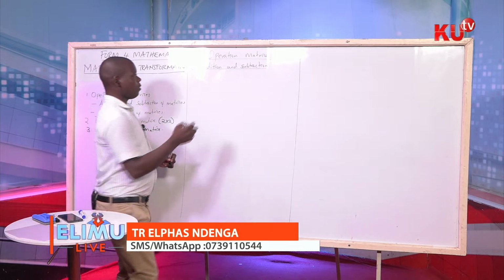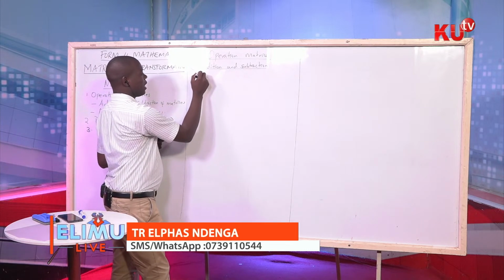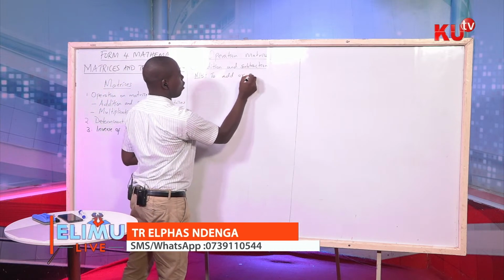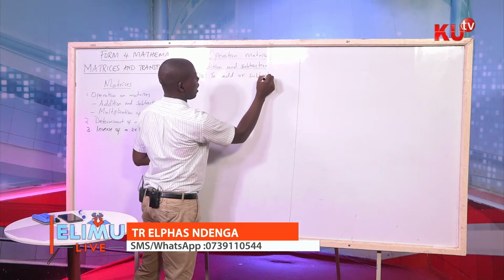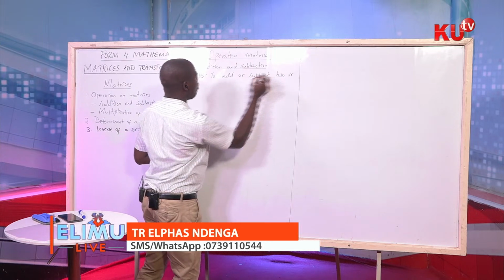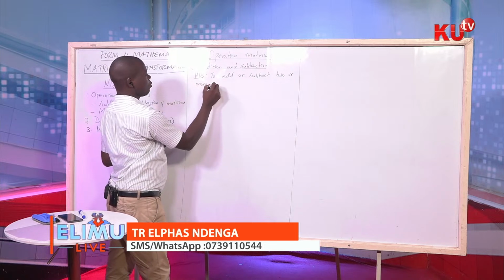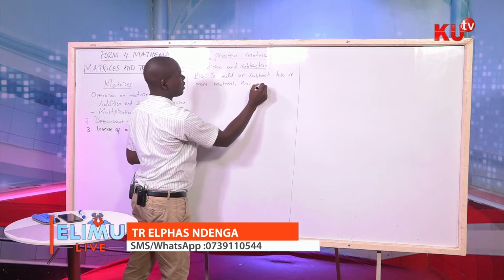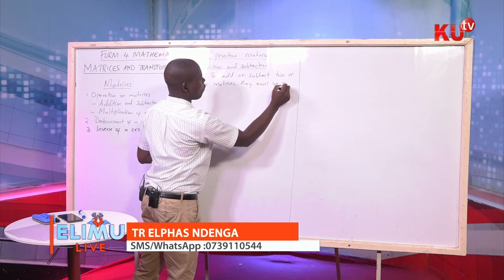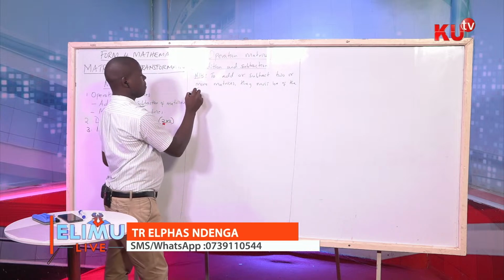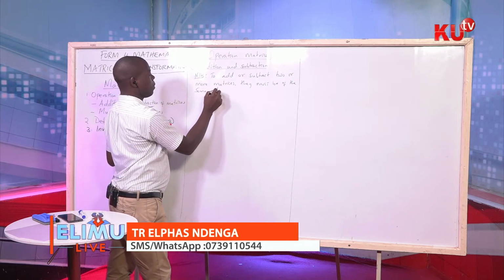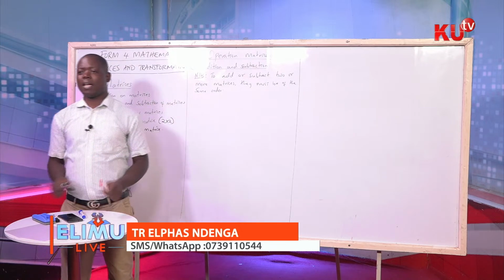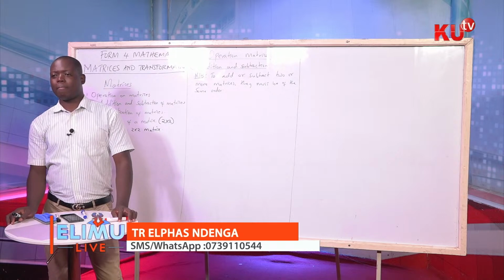Therefore, our keynote here is that to add or subtract two or more matrices, they must be of the same order. For you to add or subtract matrices, students, they must be of the same order.